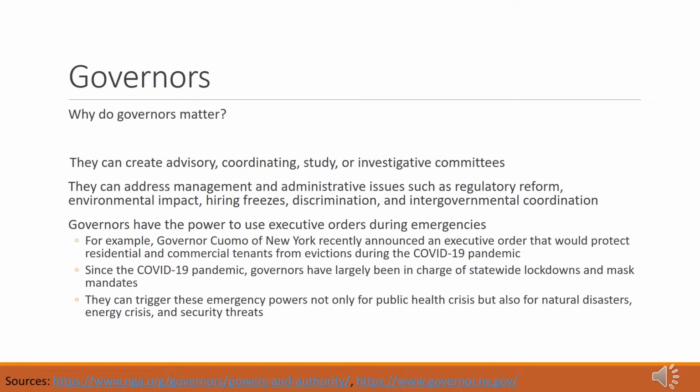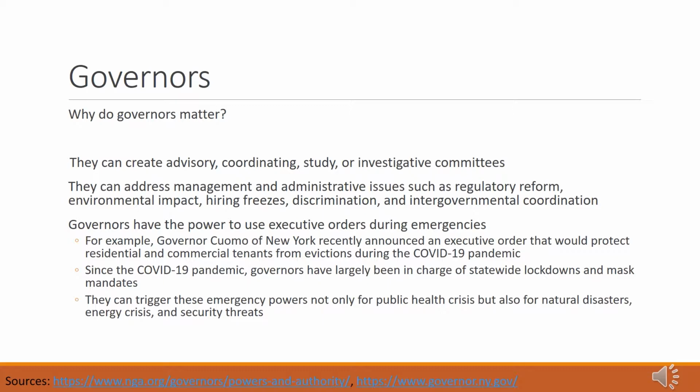Why do governors matter? They can create advisory, coordinating, study, or investigative committees. They can address management and administrative issues such as regulatory reform, environmental impact, hiring freezes, discrimination, and intergovernmental coordination. Governors have the power to use executive orders during emergencies.